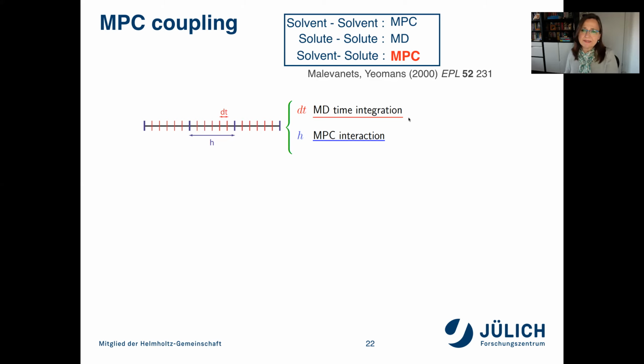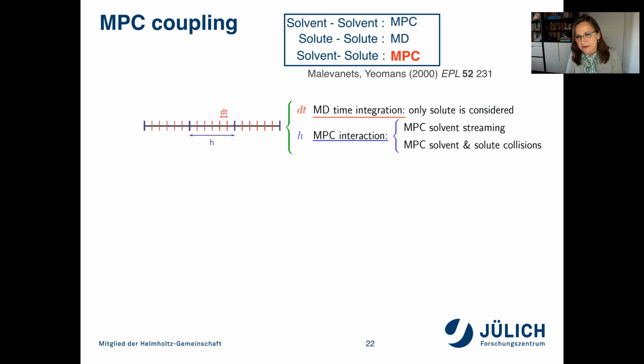Typically the integration time is much smaller, depending on the potentials that you are using. So you have many MD integration steps, and after 10, 100, whatever you need, you stop the MD dynamics, and then there is the interaction with the solvent. This is how it's typically arranged.